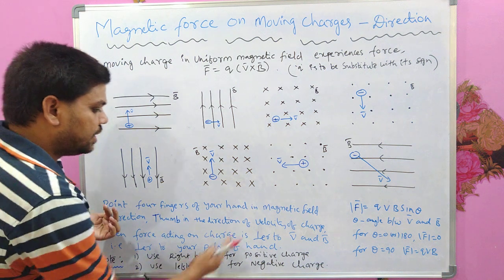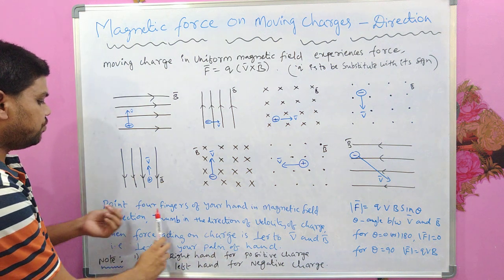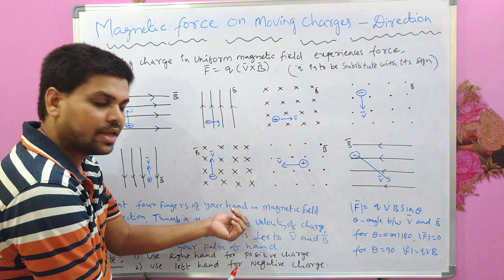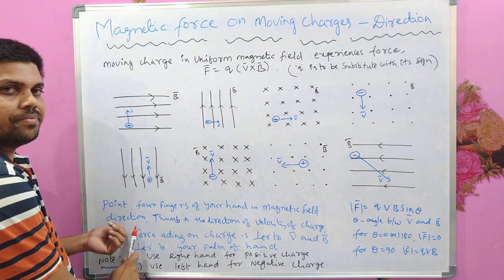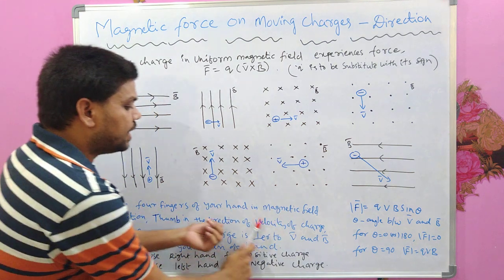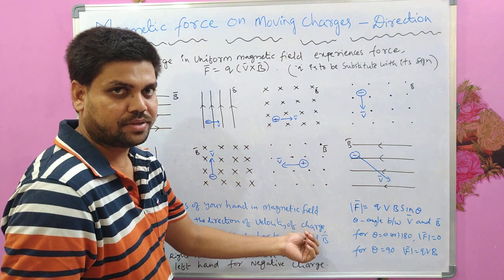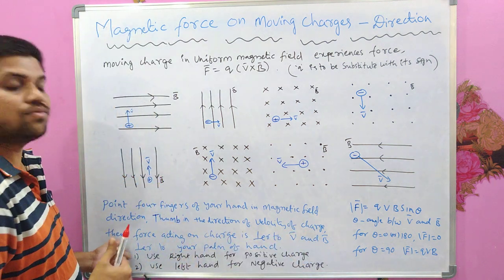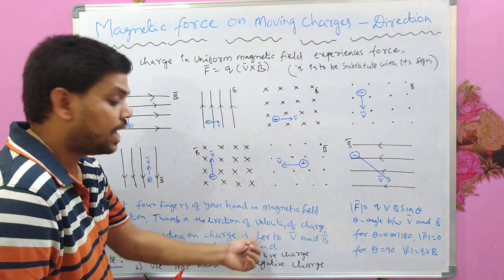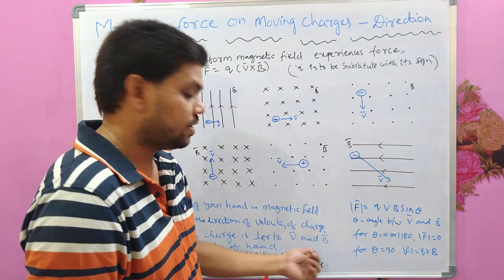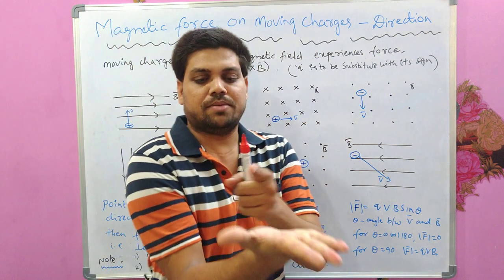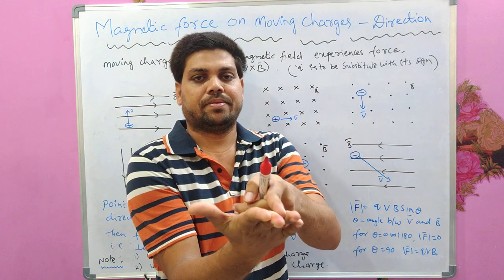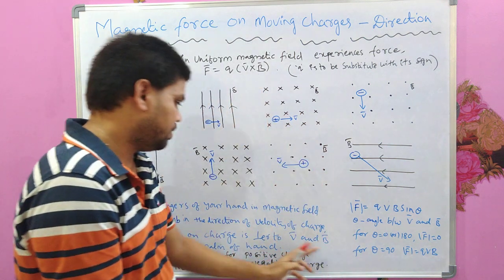So you can read this. For example, point four fingers of your hand in the magnetic field direction and thumb in the direction of the velocity of the charge, as I said. Then the force acting on the charge is perpendicular to both of them, V bar and B bar.